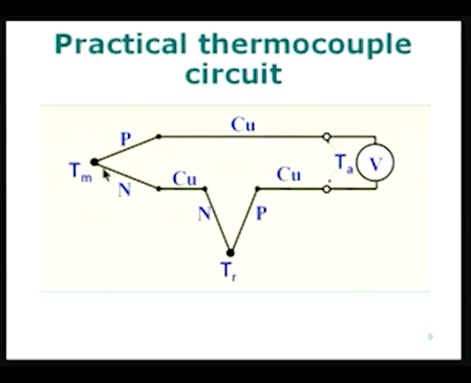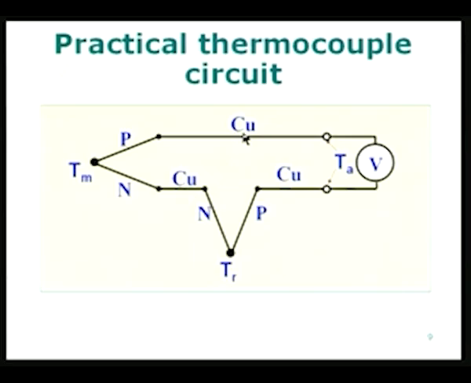Similarly here, therefore, the P and N materials have variation of temperature along their length only close to the junction, and therefore, why waste the material P far away from it. Similarly for the junction at the reference temperature. Therefore, I am saving a lot of high quality thermocouple wire by substituting it with copper wire.